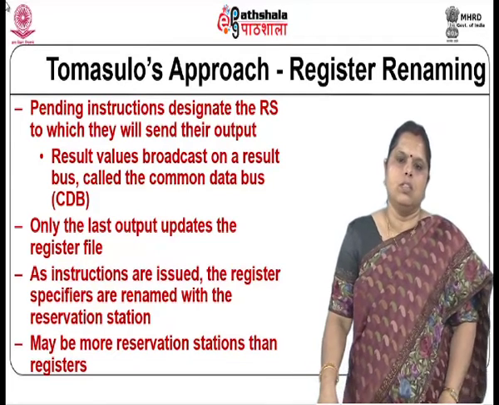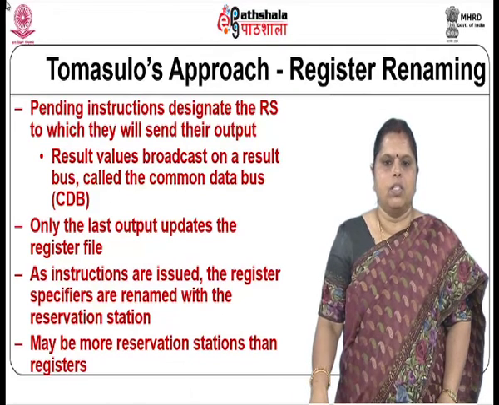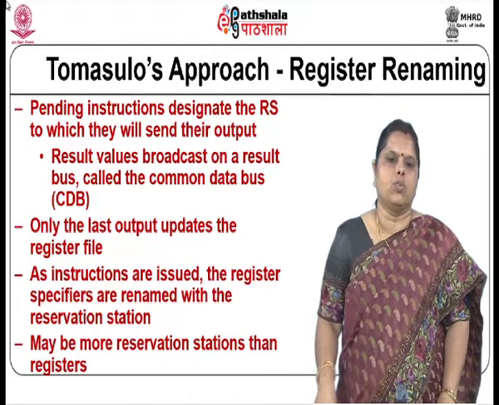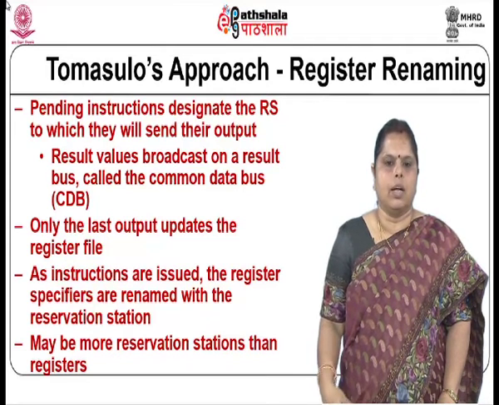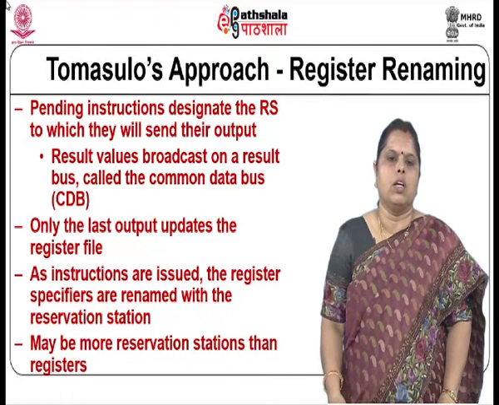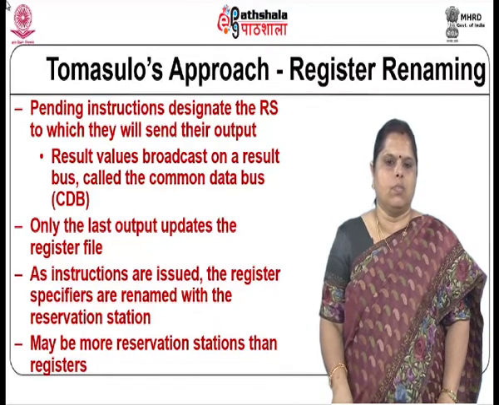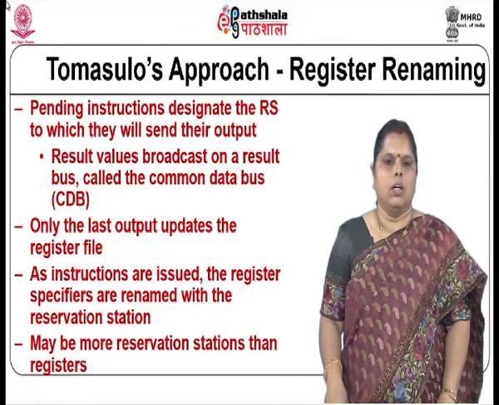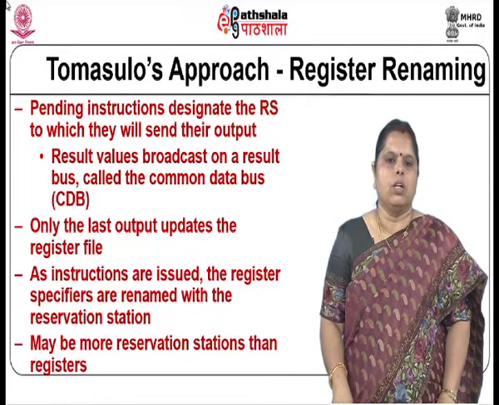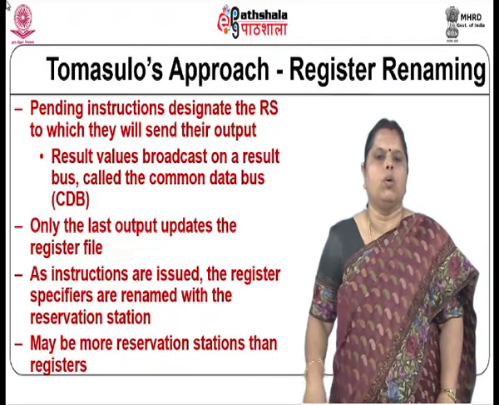And once the instruction has both its operands available in the reservation station, it automatically enters execution when the functional unit becomes available. The number of clock cycles in which this instruction remains in the functional unit will depend upon the latency of the instruction. Once the instruction is completed, the results of each and every functional unit are broadcast on what is called a common data bus. So, all the functional units are connected together by means of the common data bus.